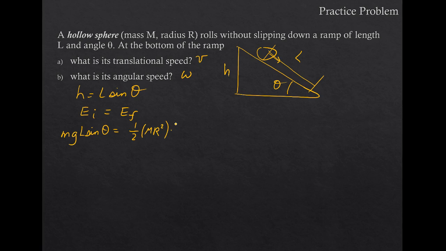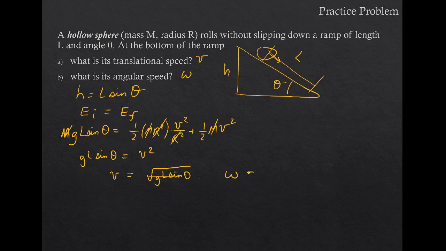And omega squared will be v squared over r squared. And then kinetic energy will be 1/2 m v squared. Okay, so m's cancel, and we'll get gL sine theta is equal to v squared. Okay, so v is going to be equal to the square root of gL sine theta.